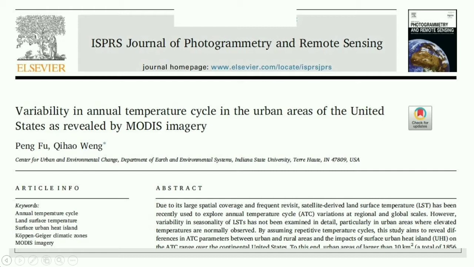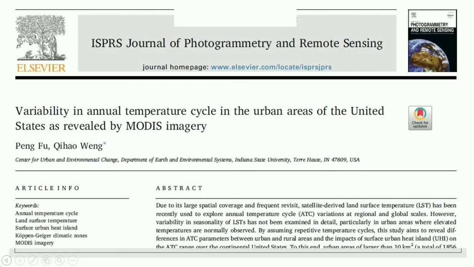Researchers have used MODIS land surface temperature data in them, so we will see those articles one by one. Then we will see what MODIS land surface temperature data is available for further analysis or to derive land surface temperature.